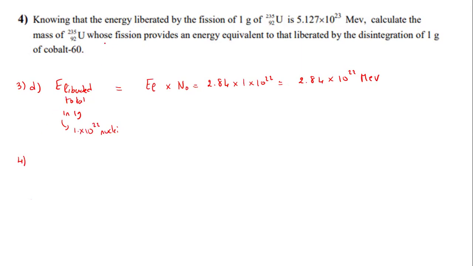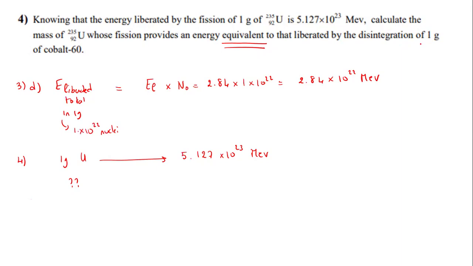Part 4. Knowing that the energy liberated by the fission of 1 gram of uranium is this much, meaning every 1 gram of uranium gives us 5.127 times 10 to the power 23 mega electron volt, calculate the mass of uranium whose fission will provide an energy equivalent to that liberated by the disintegration of 1 gram of cobalt.